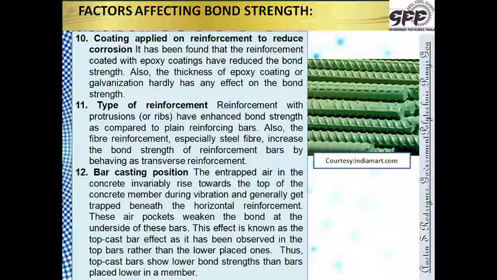Now these air pockets weaken the bond at the underside of these bars. A very dangerous thing to occur. This effect has been given the name top cast bar effect, and it has been observed in the top bars rather than lower placed ones. Thus, top cast bars show lower bond strengths than bars placed lower in a member.